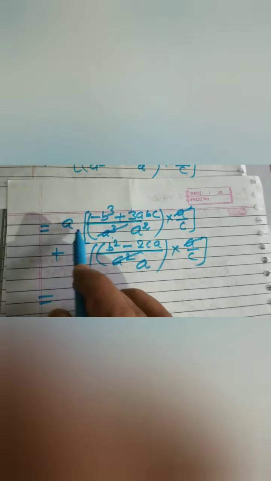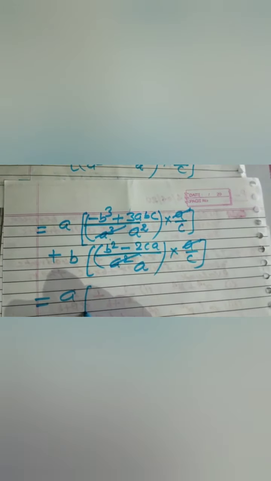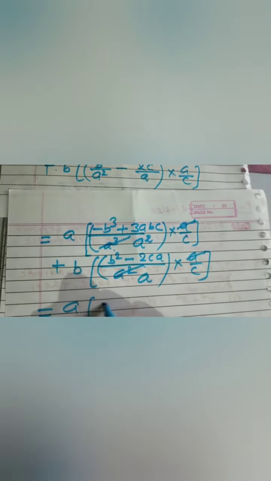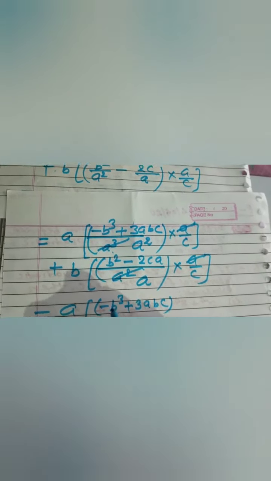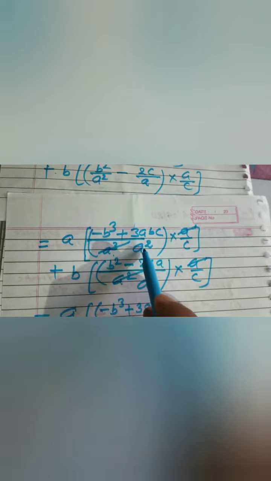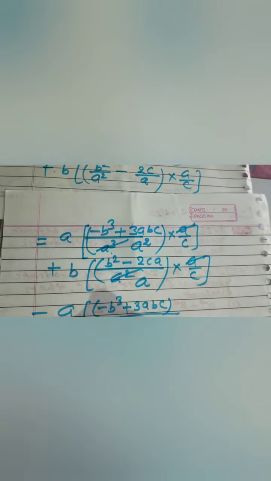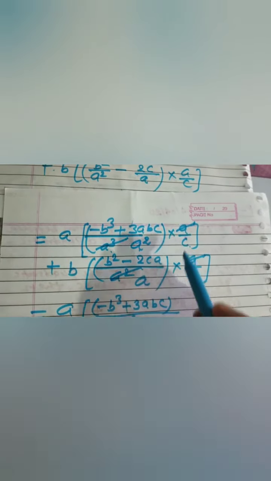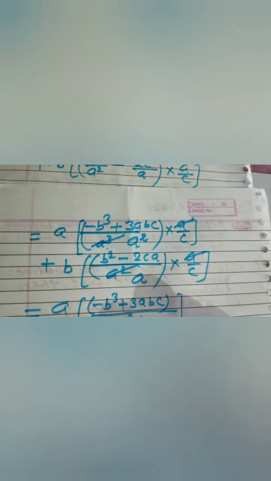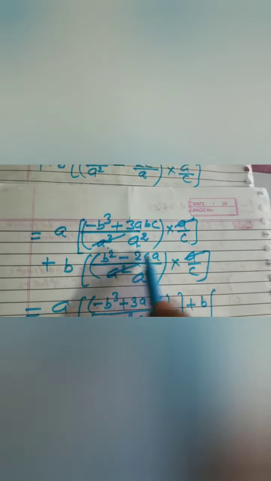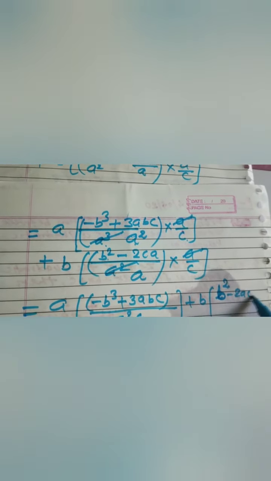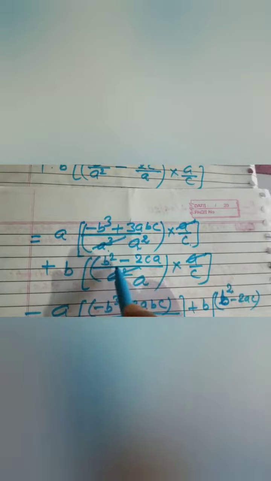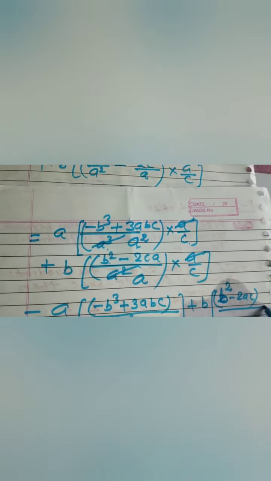So we will have a multiplied by minus b cube plus 3abc in numerator, and in denominator a square c, plus b square minus 2ac in numerator and ac in denominator.